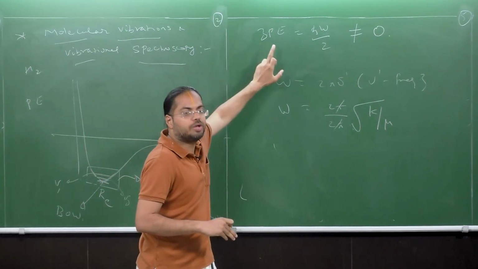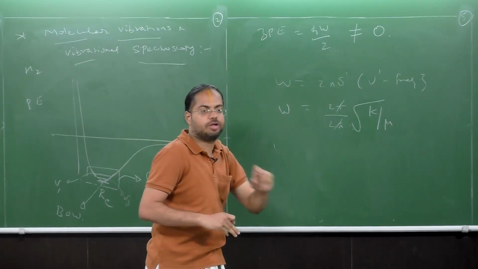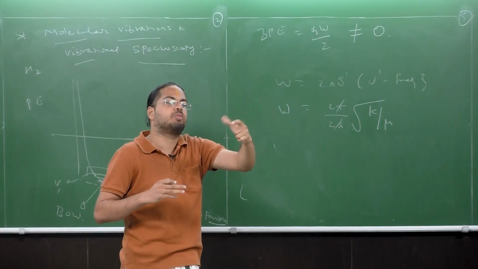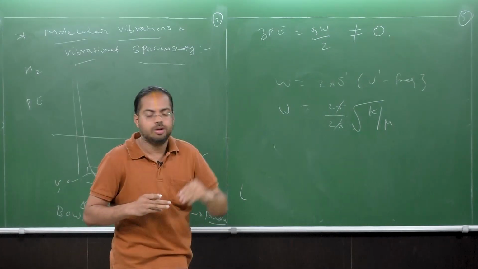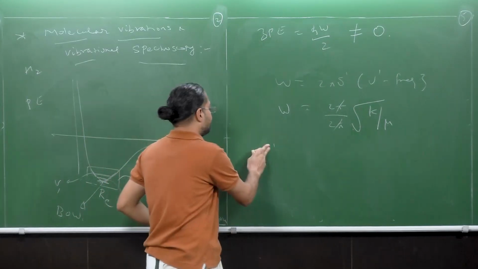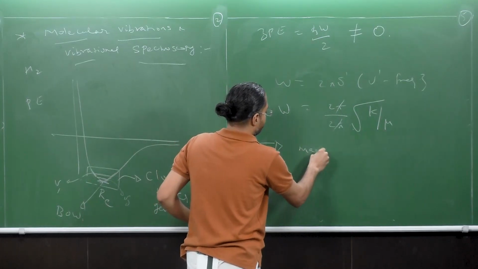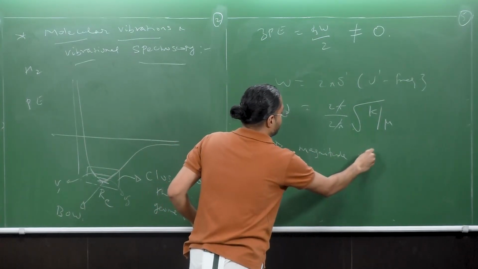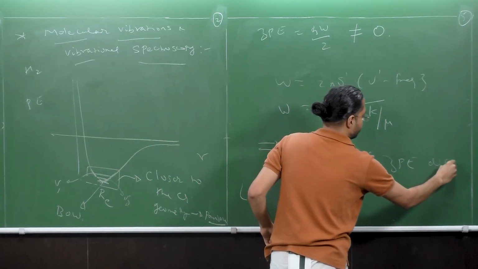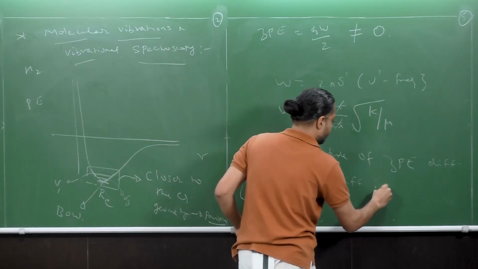Similarly, the magnitude of zero point energies is going to be different for different isotopes in astrochemistry, for example H2 versus D2.